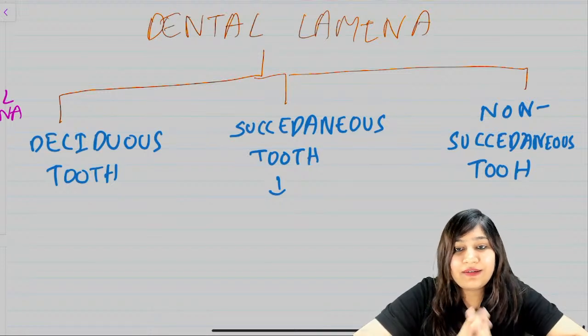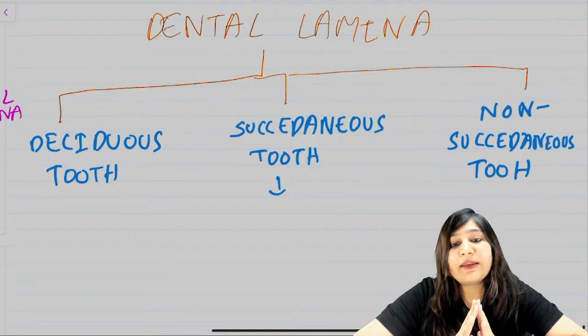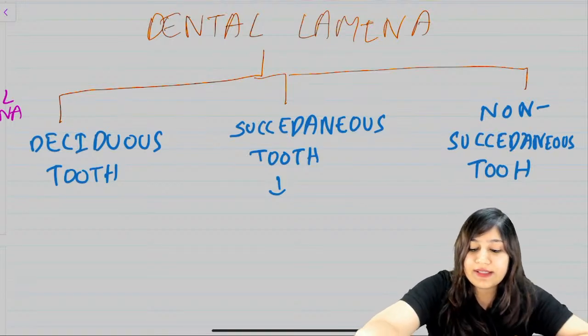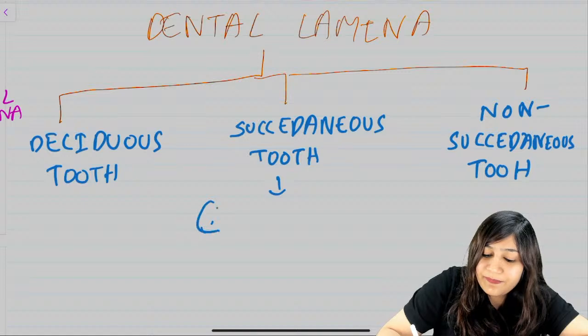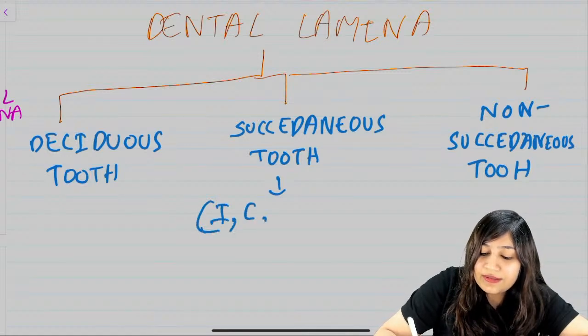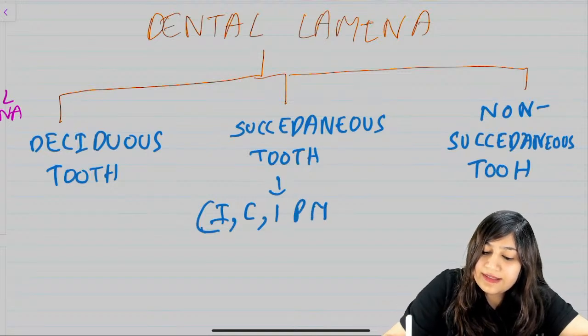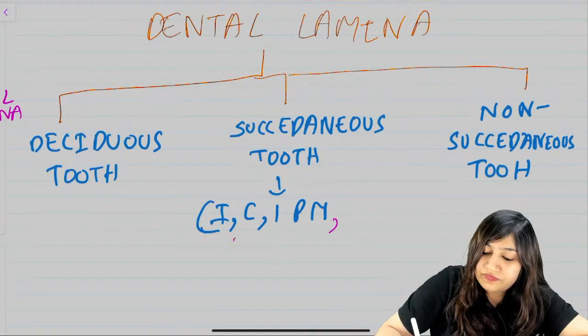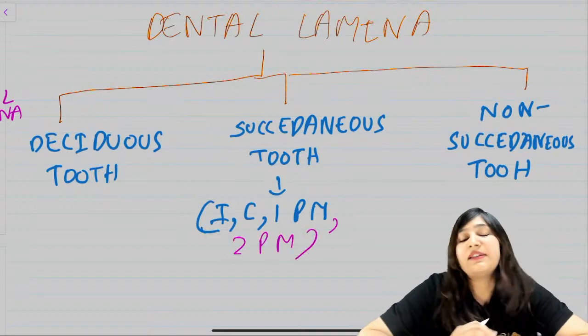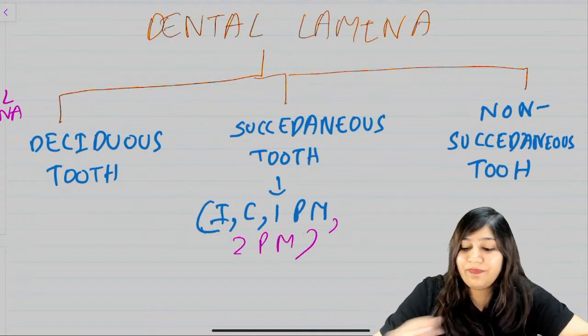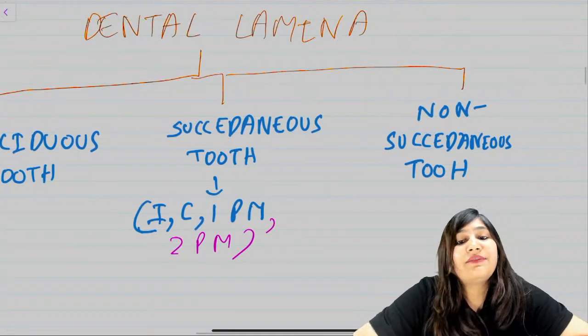Till premolar, we have preceding deciduous teeth and these teeth are replacing them, so they are succedaneous teeth. So incisor, canine, first premolar and second premolar are our succedaneous teeth. Remaining are which teeth?